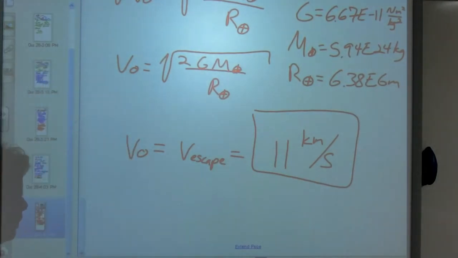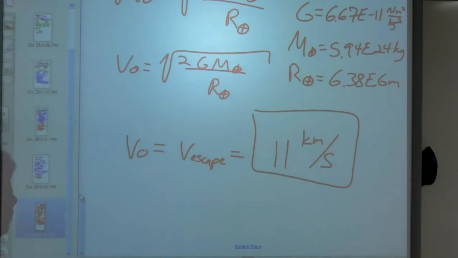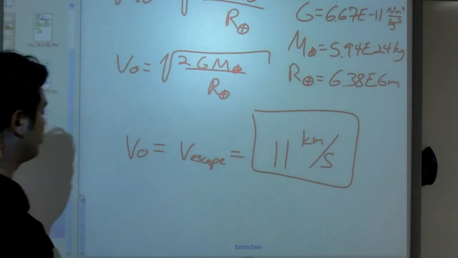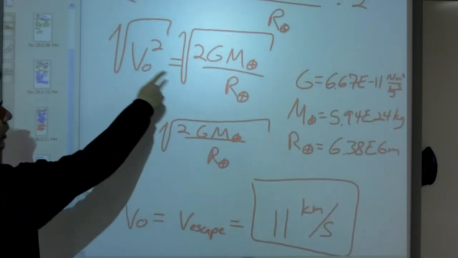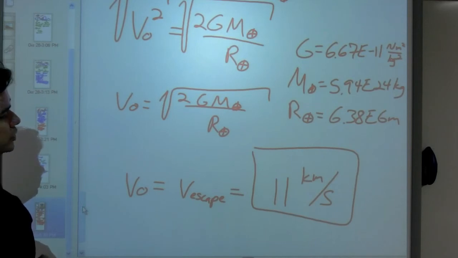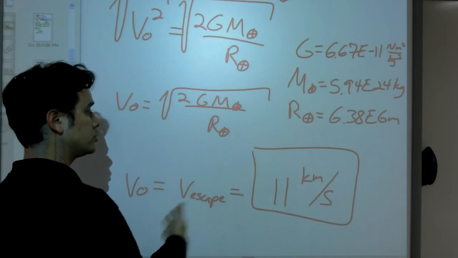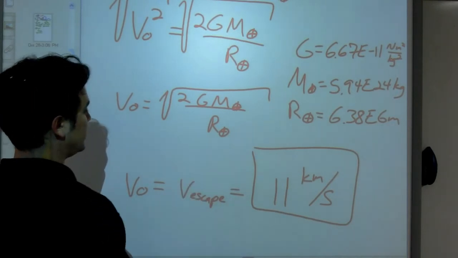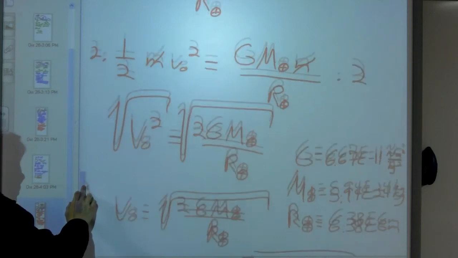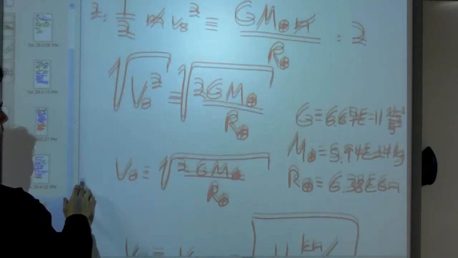Something's got to be moving pretty quickly for it to be thrown off the face of the Earth and never come back down. But this is the escape velocity for Earth. You can go ahead and take a look, and this is actually what they'll quote. This is more or less a general equation. We can find our escape velocity, and it'll be equal to the square root of 2 times the gravitational constant times the mass of whatever object you're trying to get away from, so Mars or the moon, and then the radius that you're at, normally the surface, the radius of the object itself, and so the surface escape velocity.